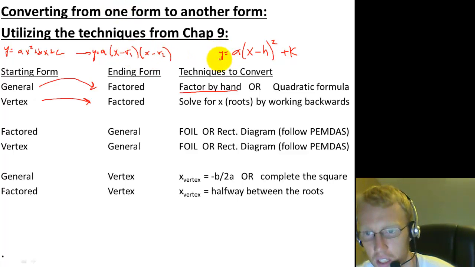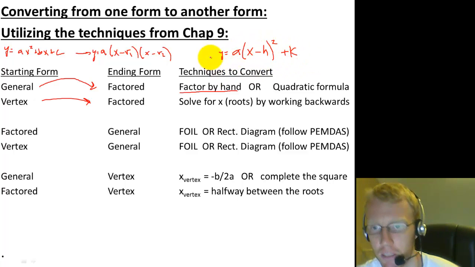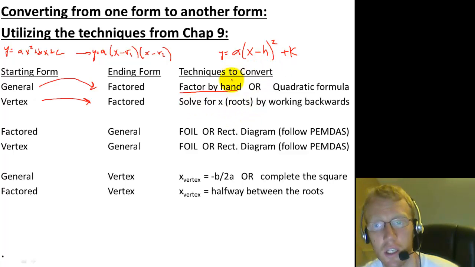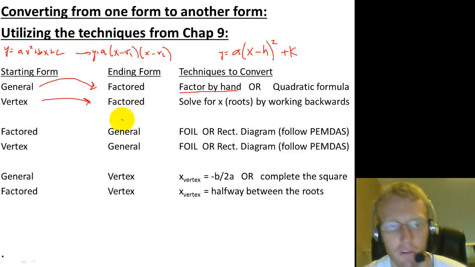So if you plug in a 0 right here, you can solve for x by working backwards: subtract k from both sides, divide both sides by a, take the square root and branch, and then add h to both sides. So you're not actually converting the form, you're simply solving for the roots and then writing the answer in factored form. Okay, so that's how you get to factored form.